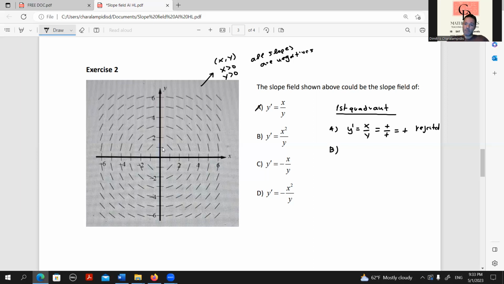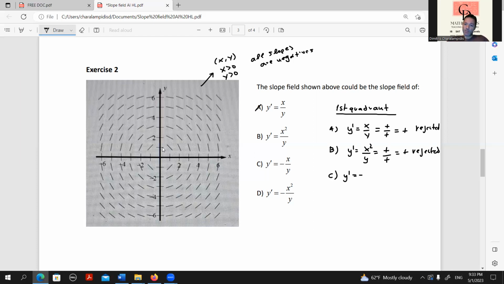Could it be B? Y derivative would have been x squared over y, which is positive over positive, which is still positive. Rejected. We see that we have negative slopes. Could it be C?